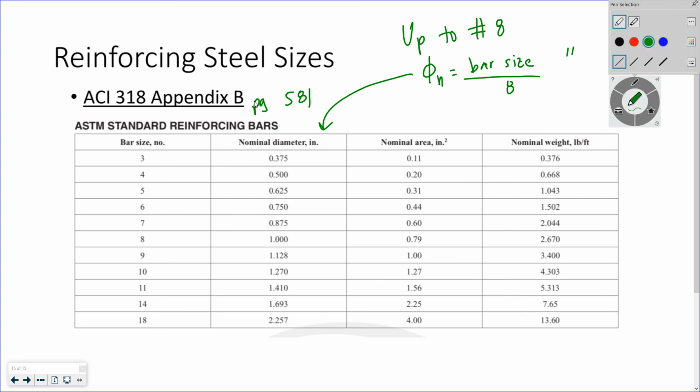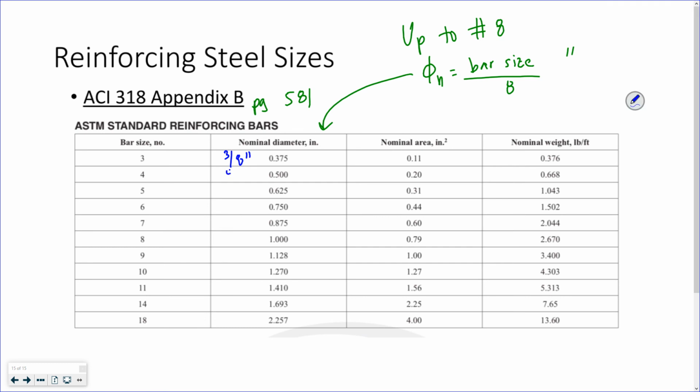So a number 3, for example, the diameter is 3/8 of an inch, right? 0.375, 3 divided by 8. A number 4 is 4 divided by 8, so it's 1/2 of an inch. So a number 8 divided by 8 is 1 inch, right? 1 inch, 1/2 an inch, 3/8 of an inch. Beyond that, it's almost but not quite exactly.